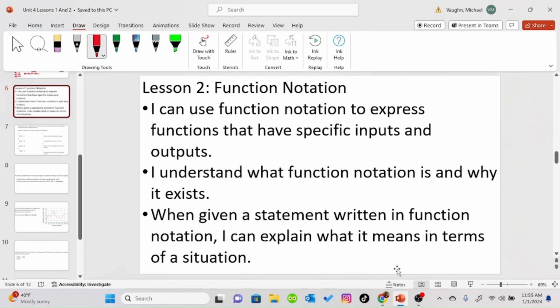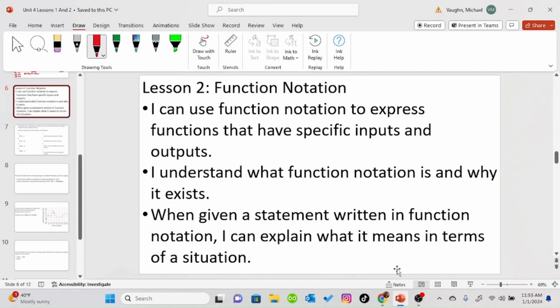Welcome to Unit 4, Lesson 2, Function Notation. We have 3 learning goals for this lesson. Number 1, I can use function notation to express functions that have specific inputs and outputs.